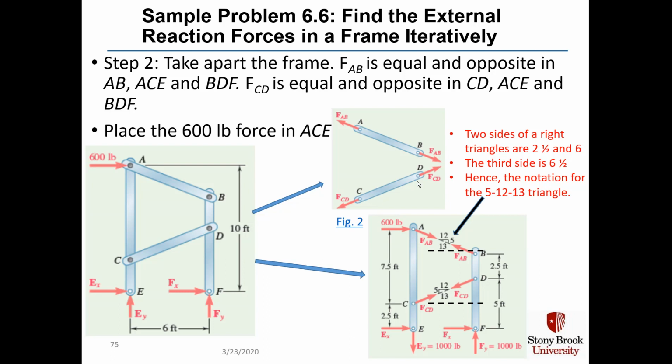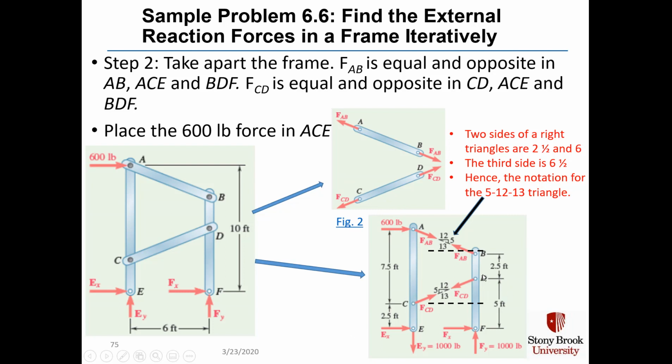Force F sub AB is equal and opposite in member AB, in member ACE, and in member BDF. Force FCD, here's FCD, is equal and opposite in CD, ACE, and BDF.